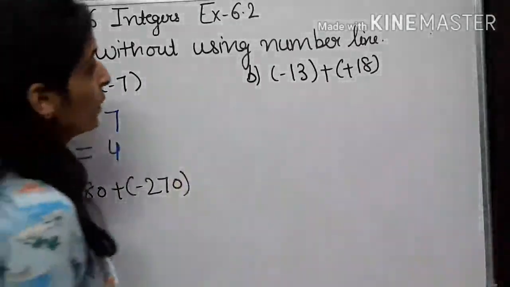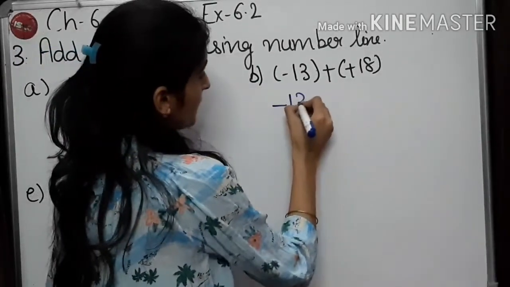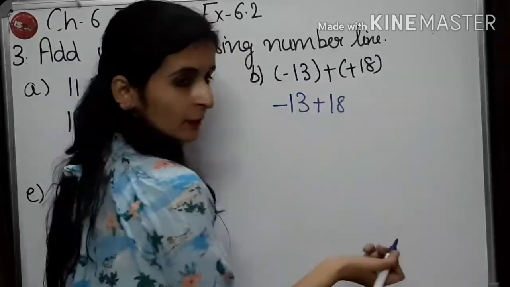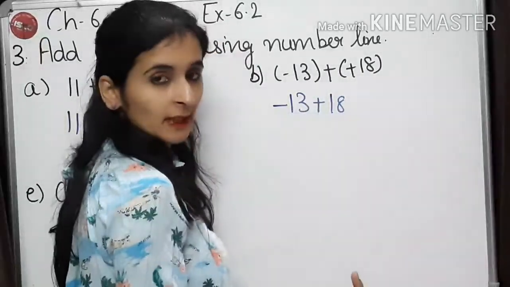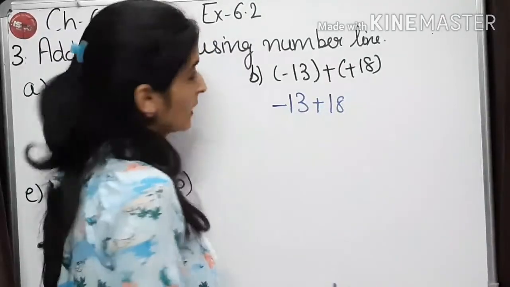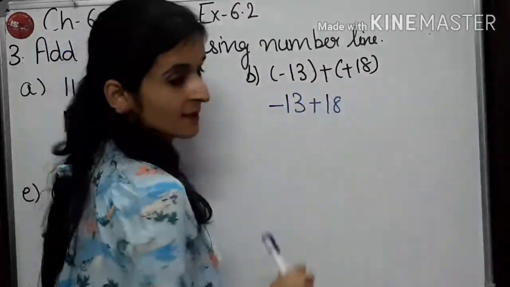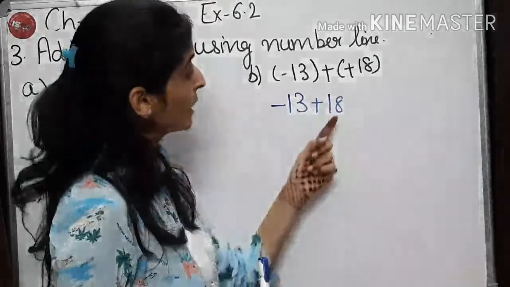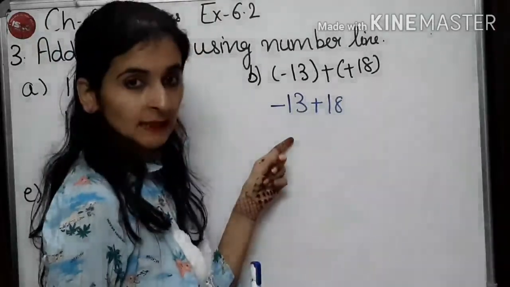Right? Now minus 13 plus 18 means 18 itself. We don't have to write positive sign in front of positive integers. Now plus minus is minus. Plus minus is minus. So it means we will subtract these two numbers.